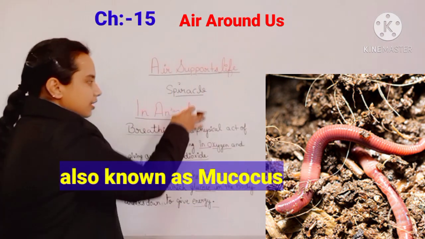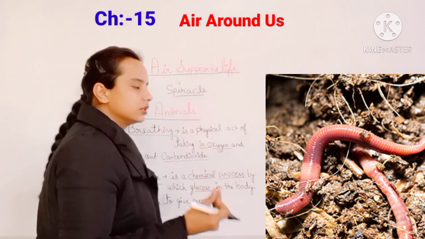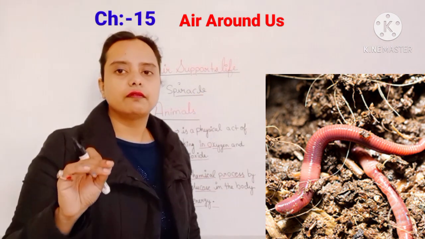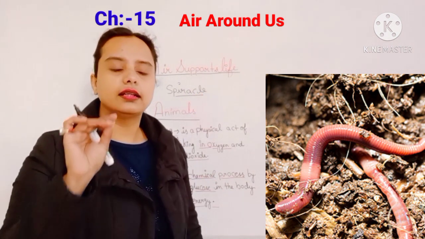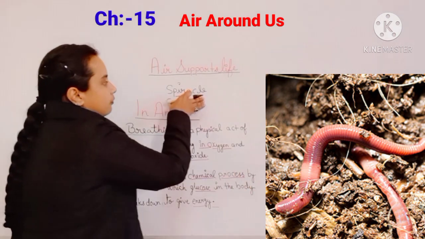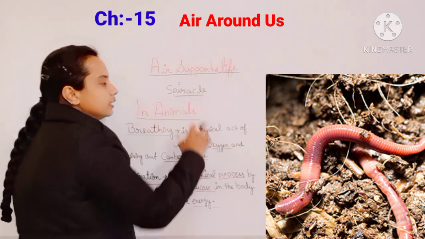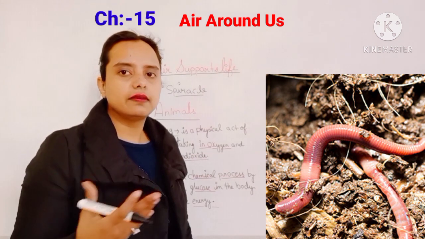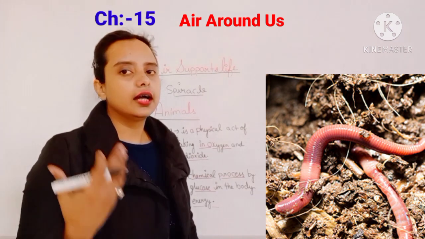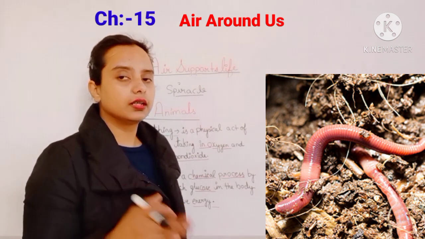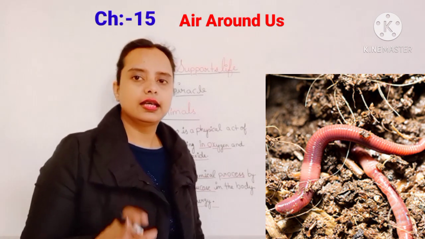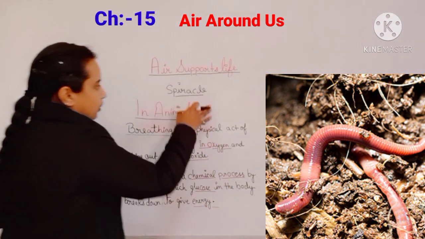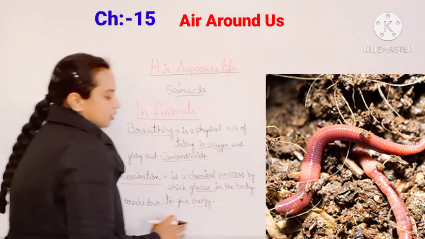So spiracles are the pores present on the body of insects like the cockroach and the housefly. With the help of these spiracles, the cockroach and the housefly respire. And how does the earthworm respire? They respire through their skin. I hope this is clear to you.